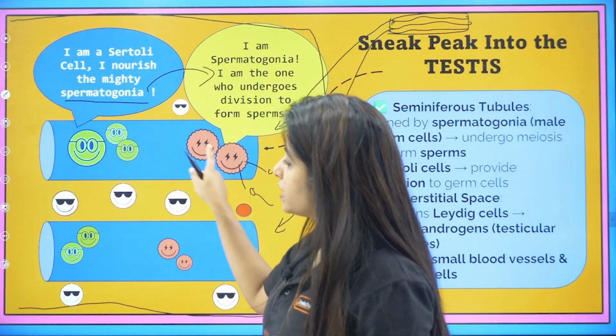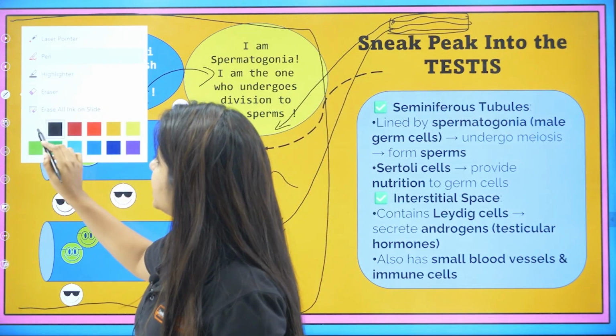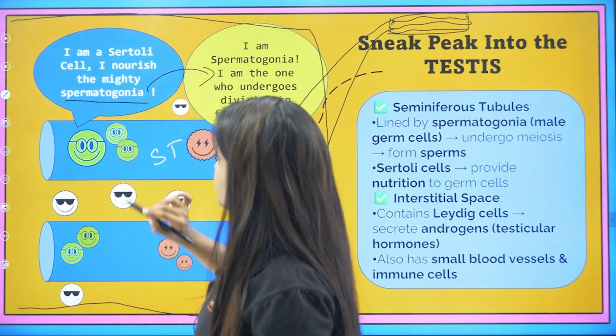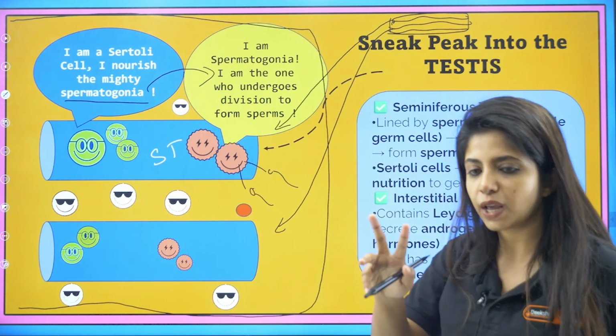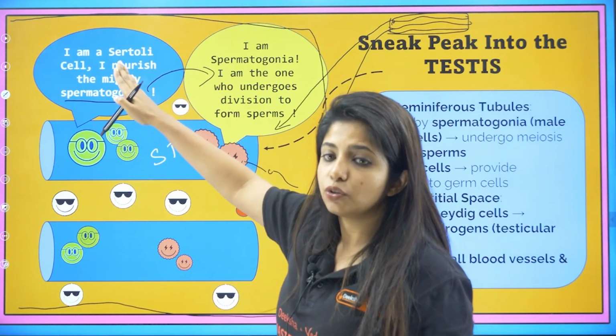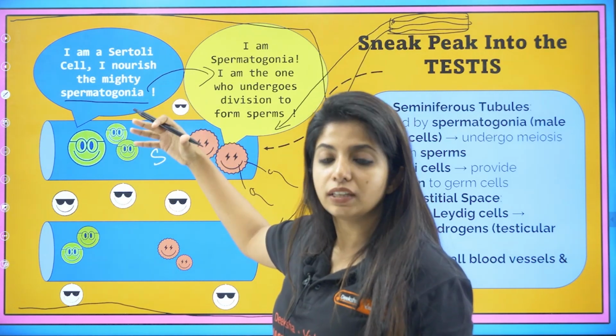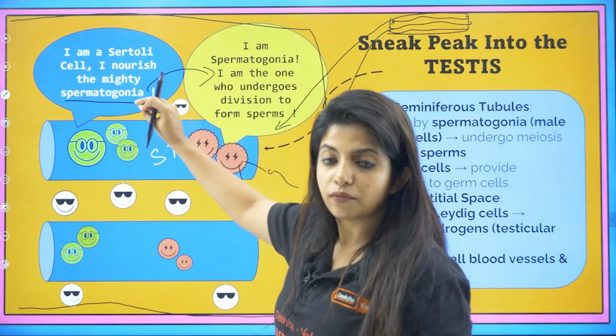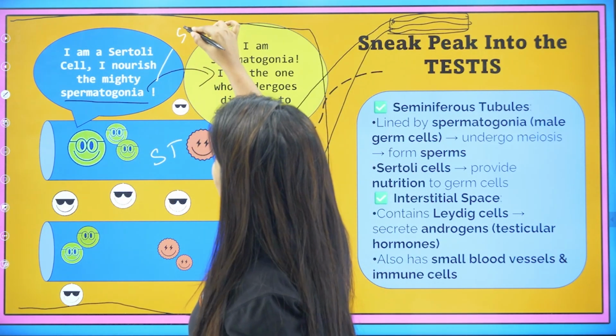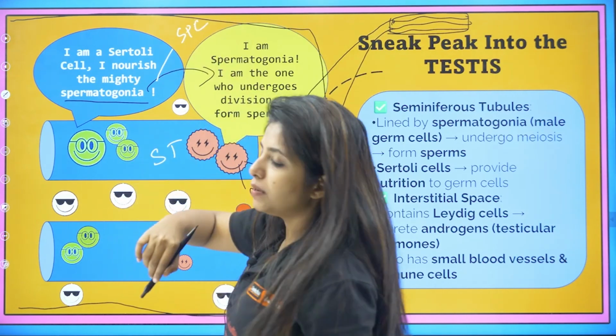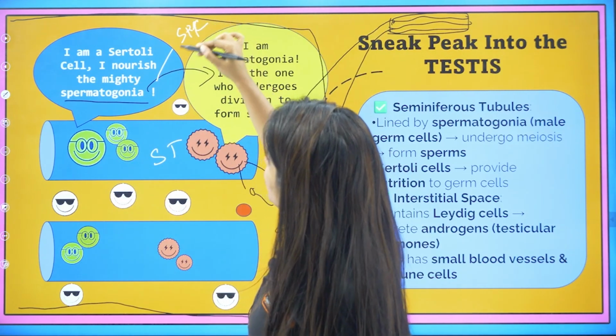Now both of them, my dear children, if you see, where are both of them? They are within the seminiferous tubule. So within the seminiferous tubules you have two types of cell. One is the Sertoli cell, that you also call the nurse cell, because they are there for nourishment of the spermatogonia, which is also known as the sperm mother cell. Why do you call it sperm mother cell?